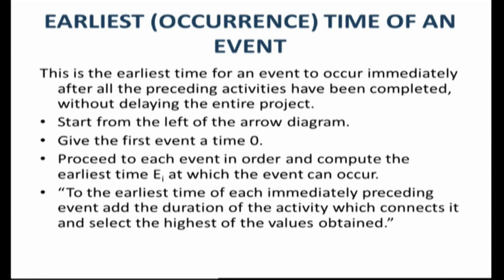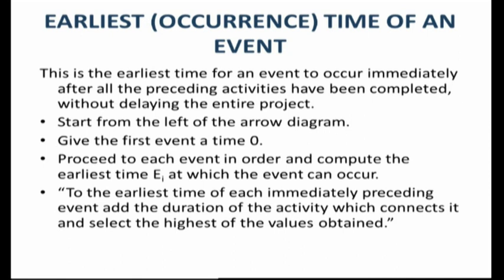First, we see about the earliest start and finish times, and then we'll have a look at the latest start and finish times. The earliest time of an event is the earliest time for an event to occur immediately after all the preceding activities have been completed without delaying the entire project.